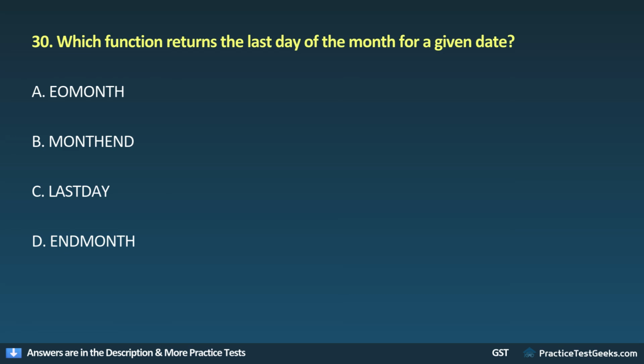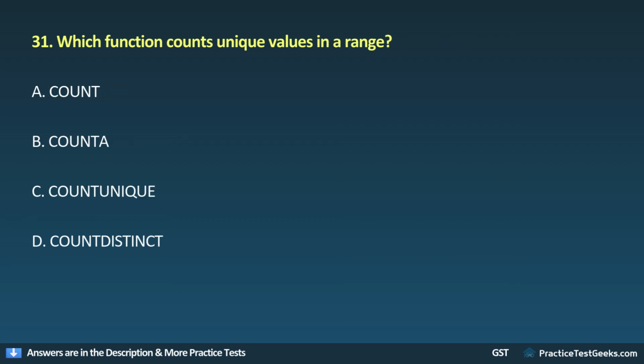B. Month end. C. Last day. D. End month. 31. Which function counts unique values in a range? A. Count. B. Counta. C. Count unique. D. Count distinct.